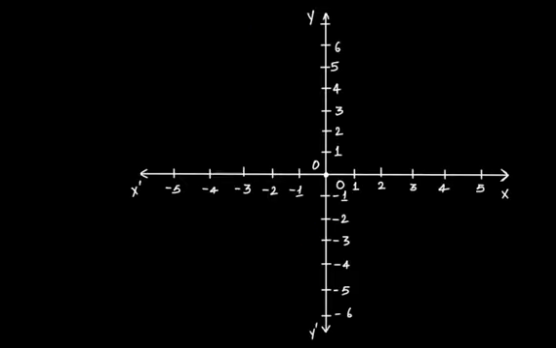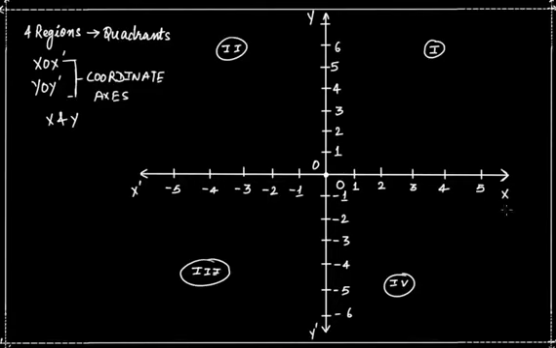Since this plane has been divided into four regions due to these two coordinate axes, therefore we call it a Cartesian plane, or we call it coordinate plane, or we call it the XY plane, where this is the origin.